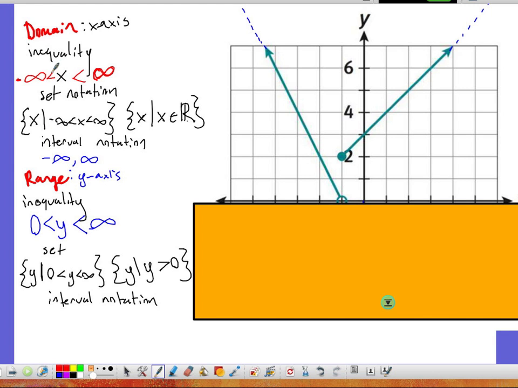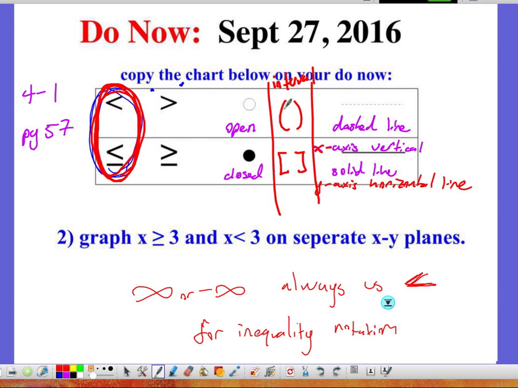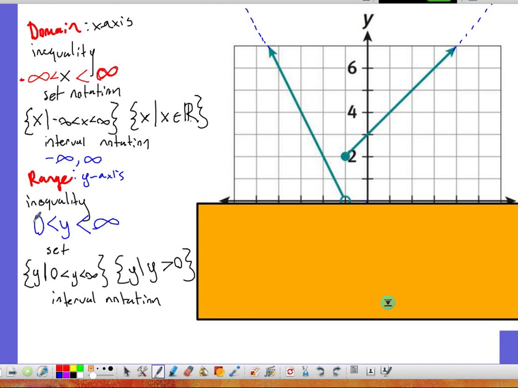Because we have less than, going all the way back to my chart, if I have less than, I'm going to use parentheses. And notice I have less than on both sides, which means I'm using parentheses on both sides. That is my interval notation.